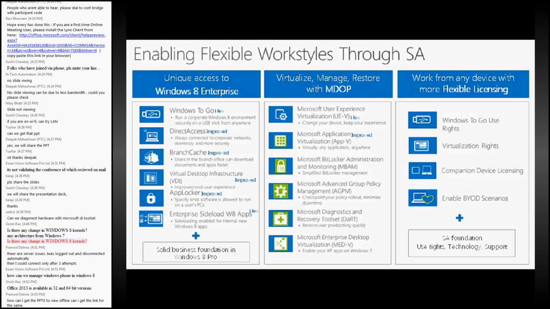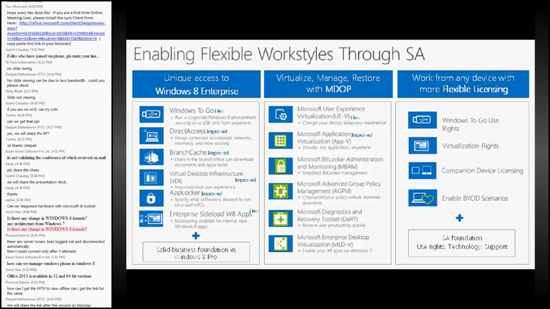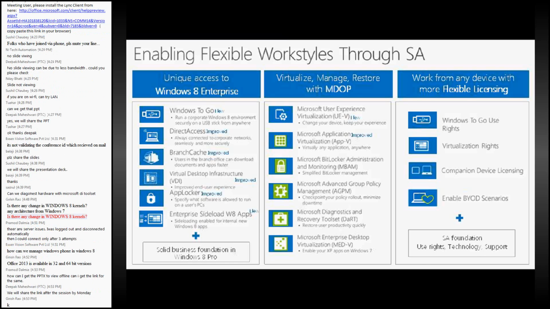Now, this is introducing Windows 8 Enterprise that you get as a part of software assurance under volume license. We discussed Windows to Go. You get all the capabilities of Windows 8 Professional, plus the premium features designed to provide the mobile productivity, security, manageability, and virtualization needs of today's business. Number one feature here is Windows to Go.